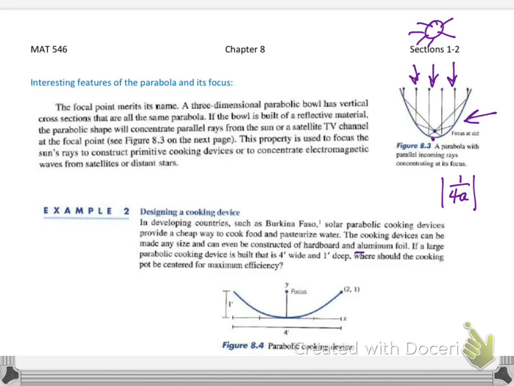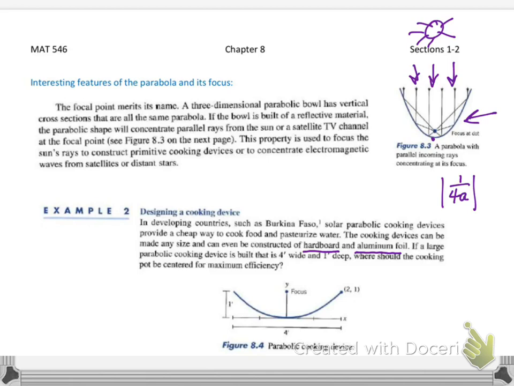It reminds me of the cooking boxes that the Girl Scouts make that are lined with aluminum foil. If a large parabolic cooking device is built that is 4 feet wide and 1 foot deep, where should the cooking pot be centered for maximum efficiency? The answer is you're going to center that cooking pot at the focus.